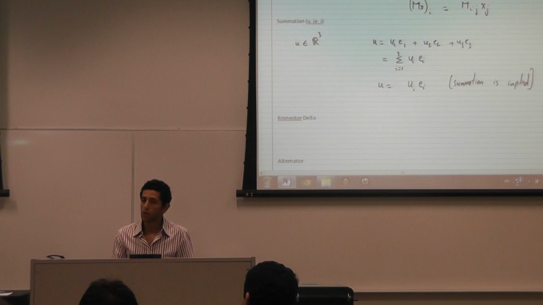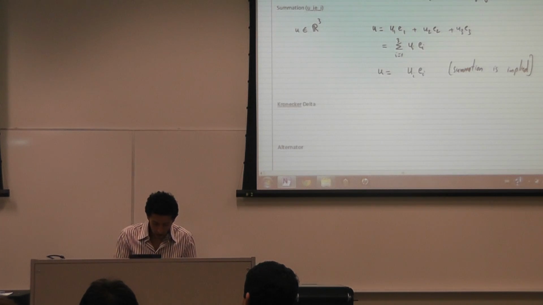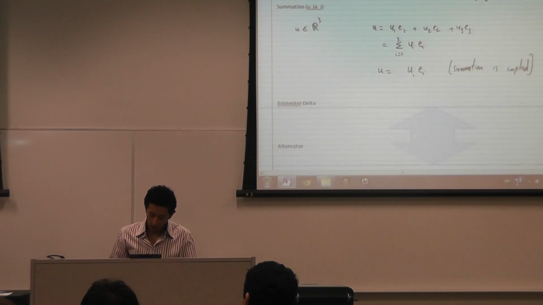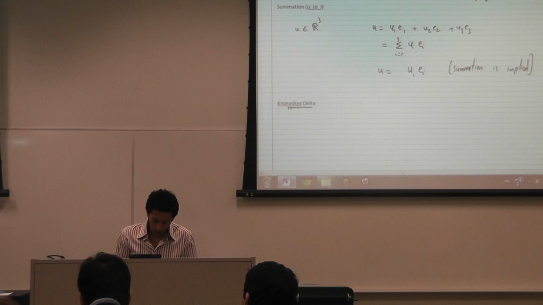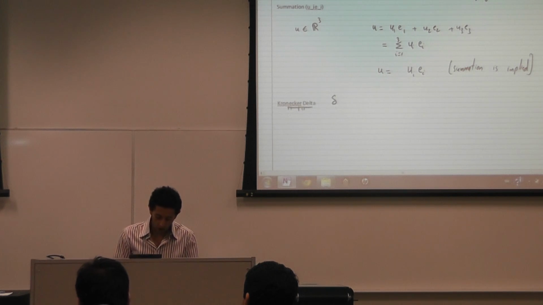Because we're going to be using those indices for a lot of formula manipulation, there are some symbols that we're going to use. The first one is the Kronecker delta ij.